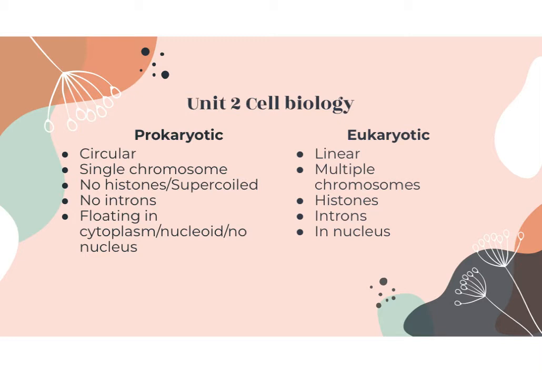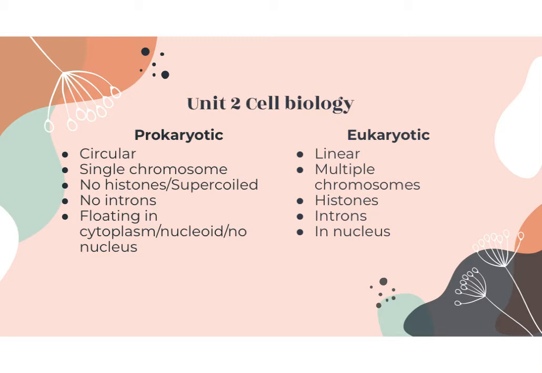Eukaryotic DNA is linear, and there are more than 1 chromosomes. Because this DNA is linear, and there's multiple of them, our cells need to keep these organized by using histones.